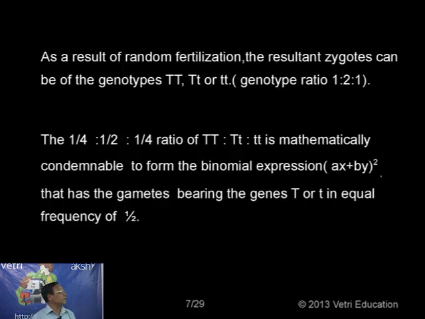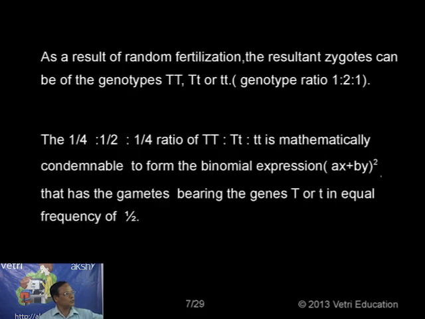So as a result, we are getting three genotypes: one homozygous dominant, another heterozygous dominant, and another homozygous recessive, in the ratio of 1:2:1. That means 1/4, 1/2 and 1/4 of capital T capital T, then heterozygous, and homozygous recessive.